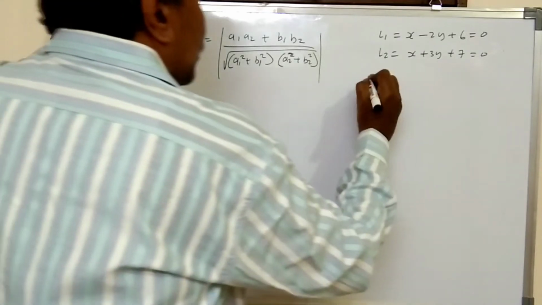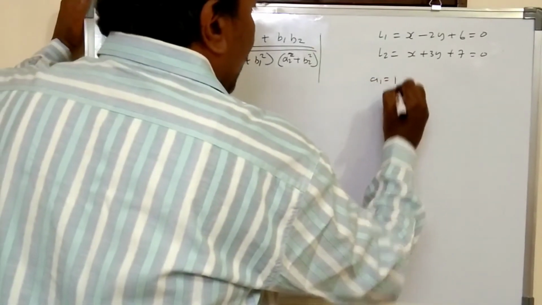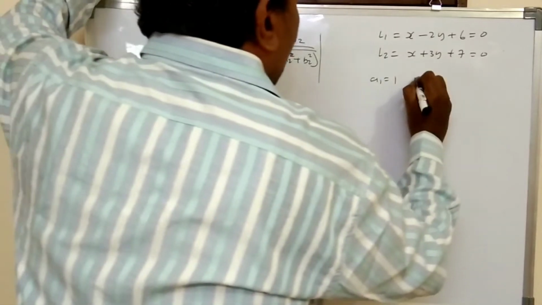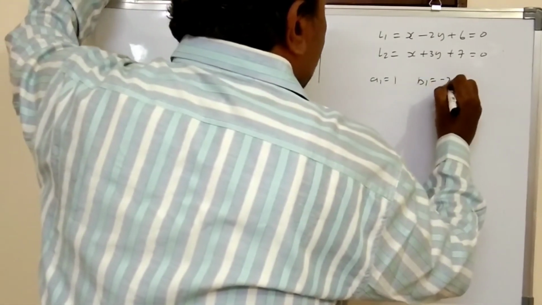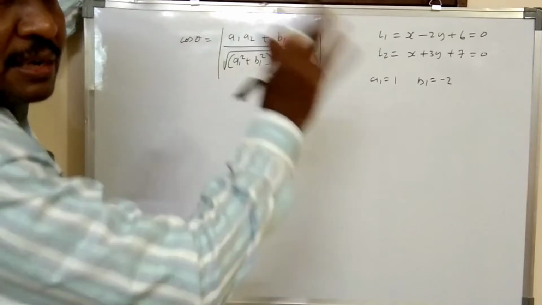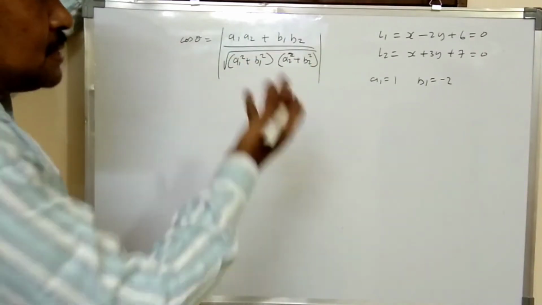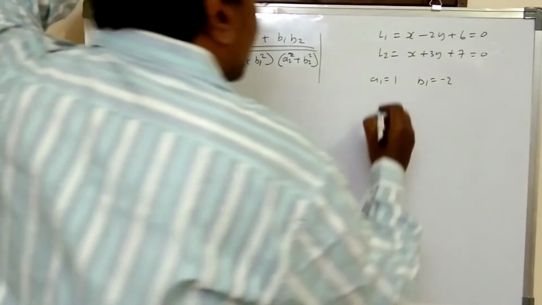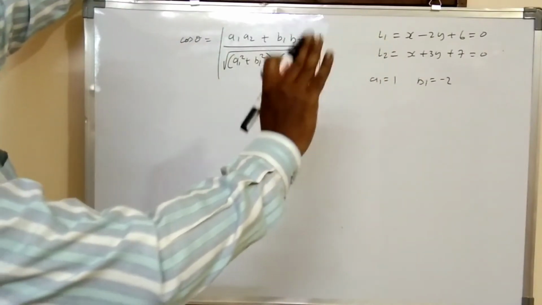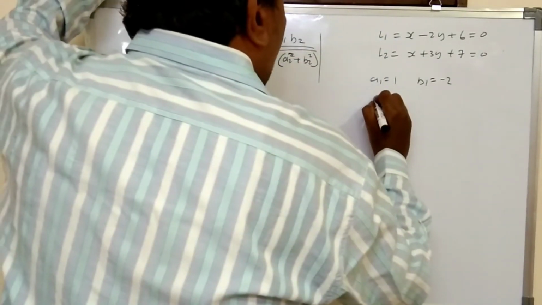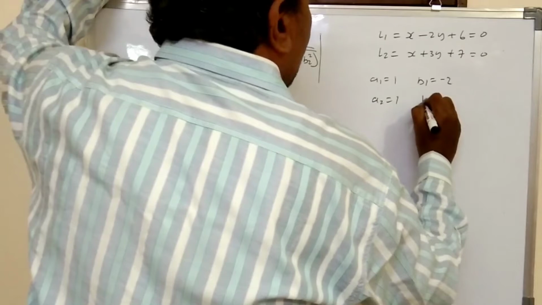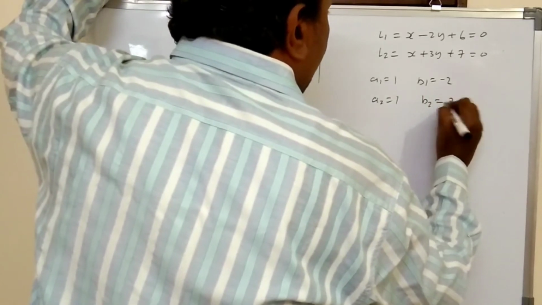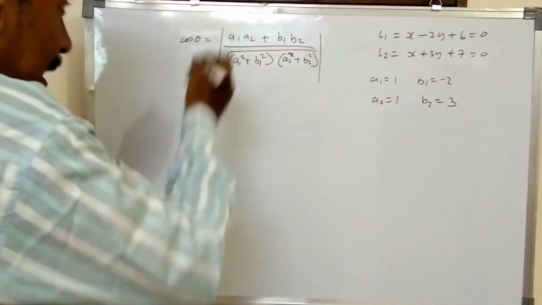So here what is A1? A1 is equal to 1. B1 is equal to minus 2. C1 is ignored because it is not necessary for us. We need only A1, B1, A2, B2. A2 is equal to 1. B2 is equal to 3. Now apply the formula.